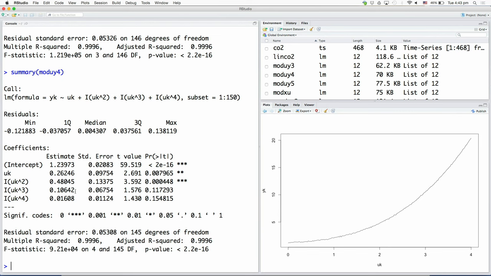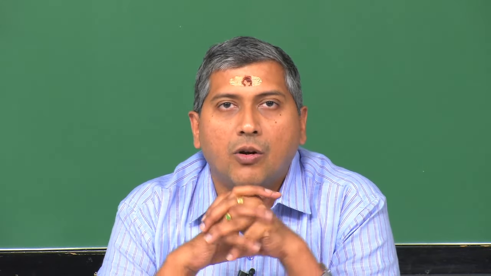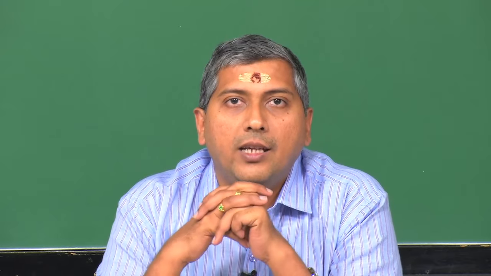We know that is partially correct, but at least we know for sure the coefficient on u to the 4 should be 0. What we should take home from this simple exercise is, when we overfit, we can have a situation where the parameter estimates, even though the true parameters are not 0, can turn out to be insignificant.